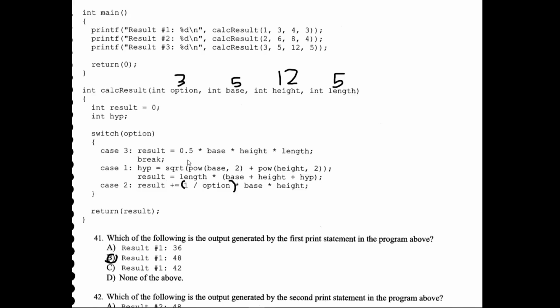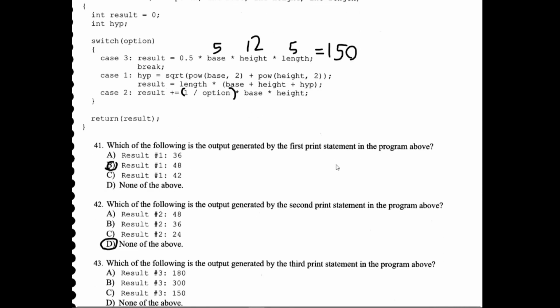This is not integer logic. This is actually a floating point, so it's only going to be cast to an integer when it's assigned to results. And 0.5 times 5, which is 2.5, times height, which is 12, which is going to be 30, times length, which is 5, is going to be evaluated to 150, which is answer choice C.